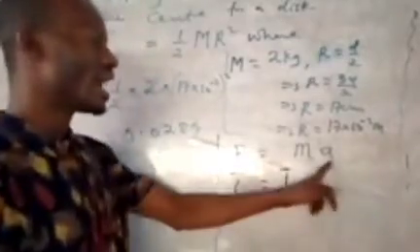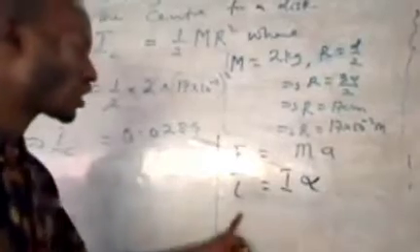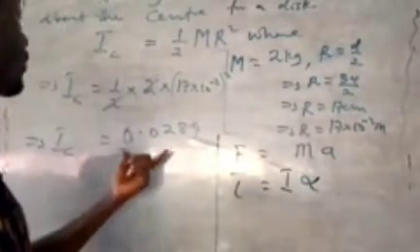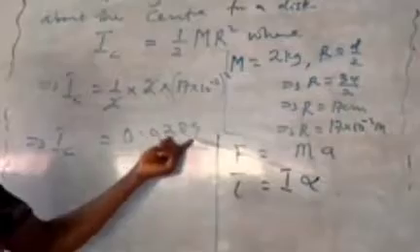So we have I as inertia. Then acceleration is replaced by alpha. So torque is equal to I alpha. Now from question one, we have the value of the inertia as 0.0289.